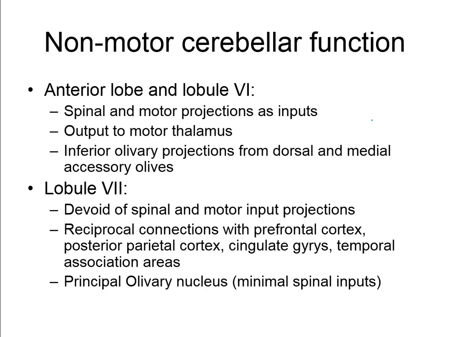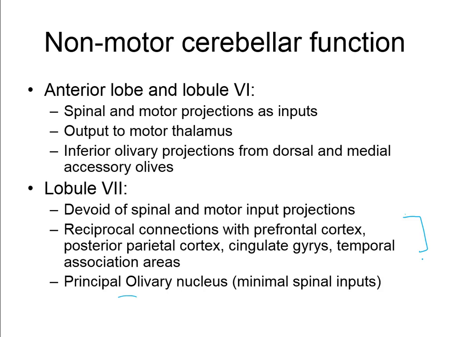Lobule 7, which gives you cognitive stuff, doesn't have as much motor input as other areas. Its olive, in fact, comes from the principal olive. And as we will see later, it is connected both directly and through thalamus with non-motor components of cortex.